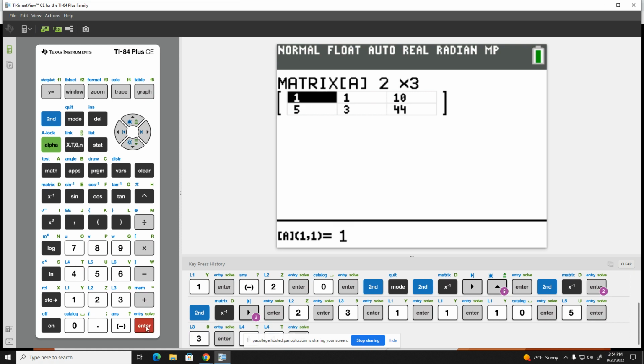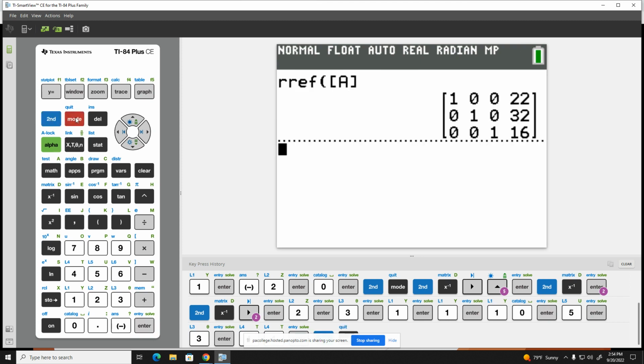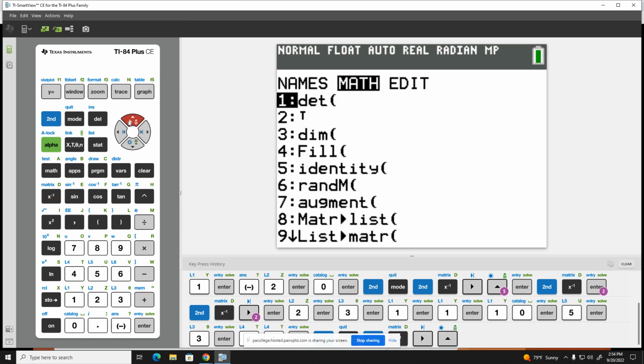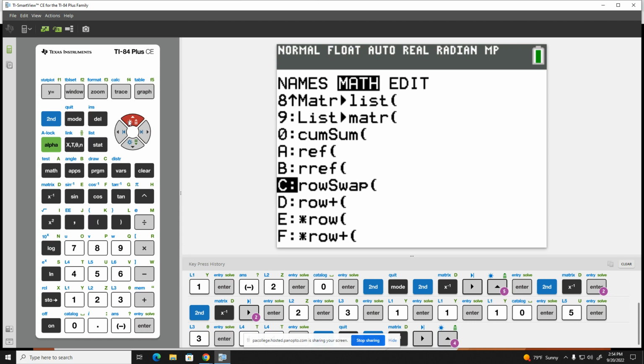All right, so my matrix is in, and I have to quit. So second and the mode button gets me out of the matrix and back to my regular calculator screen. Now I have to go and tell it what math to do. So I go second and X to the -1 to get to matrix, arrow over to math, and then I typically arrow up, and we want option B, where it's going to go to the reduced row echelon form.